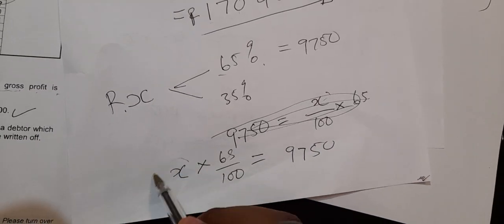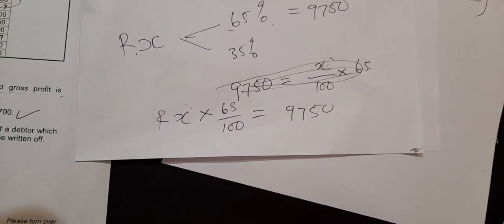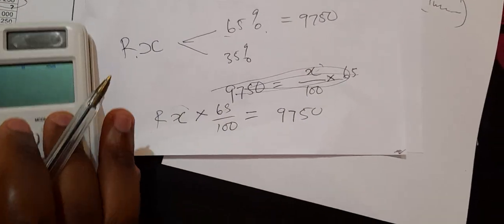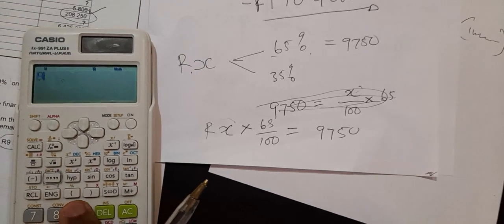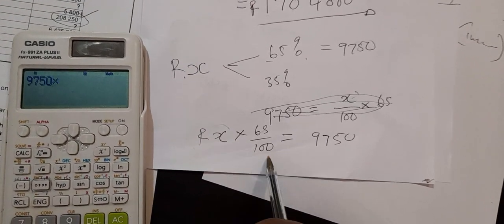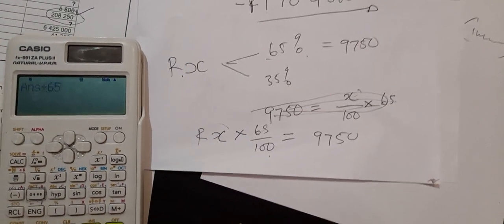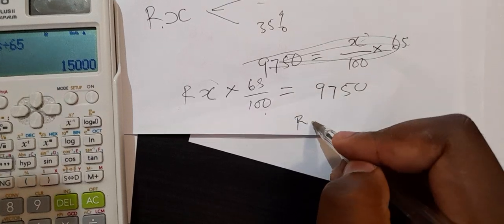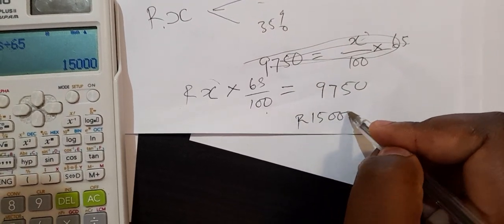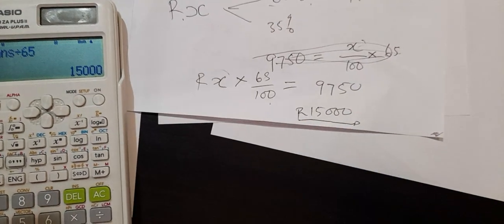So we just want to calculate the original amount that this debtor owed us. The calculation will go as 9,750 multiplied by 100, then divided by 65. So the original amount was 15,000. This is the amount that the debtor owed us.